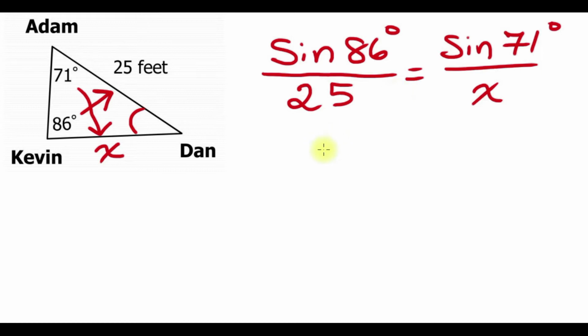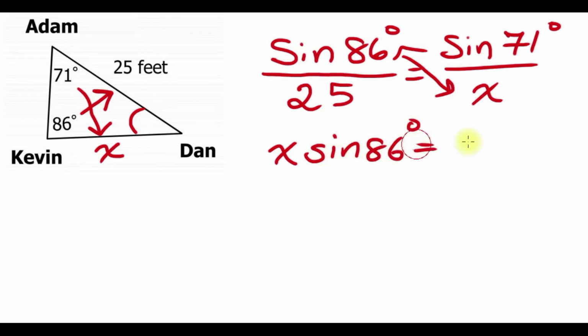Okay, so to solve for x here, we have to cross multiply. So we're going to take x times sine of 86 degrees. So that's going to be x sine 86 degree is 25 times sine 71.